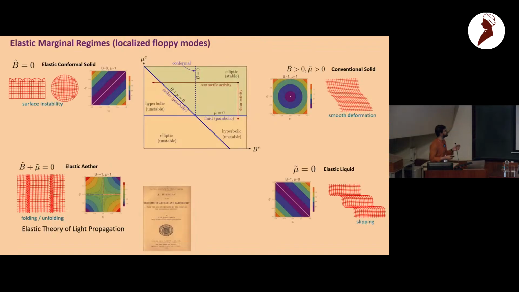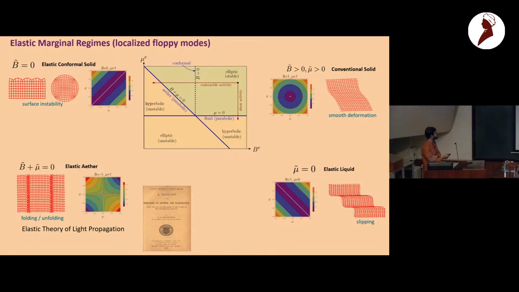So this is the same thing. We are starting from the normal elliptic regime of elasticity, where the deformation is smooth. But when you hit these elastic spinodal lines, in the case where shear modulus vanishes, you get slipping, the shear bands.